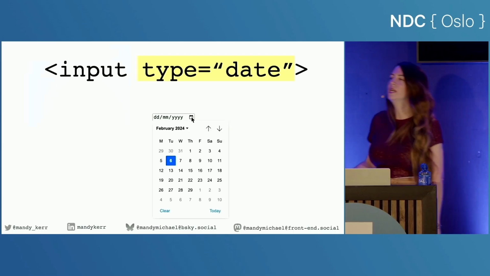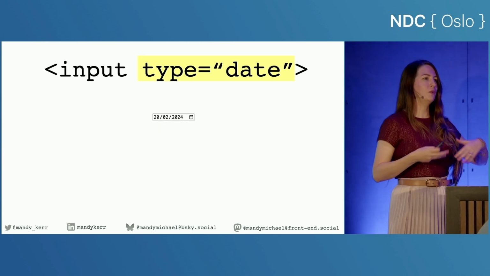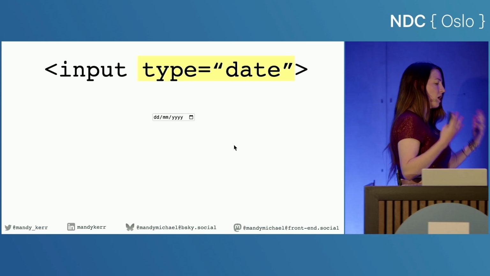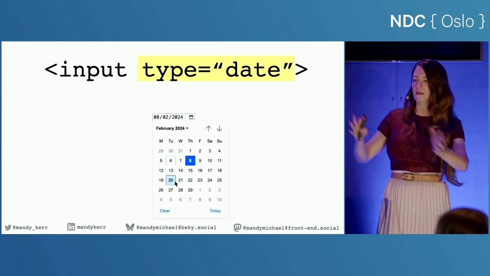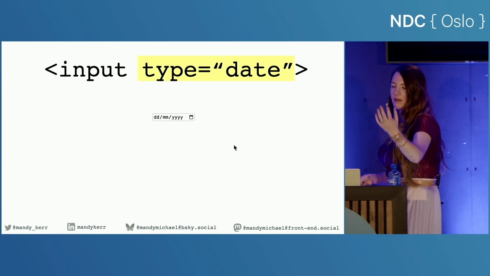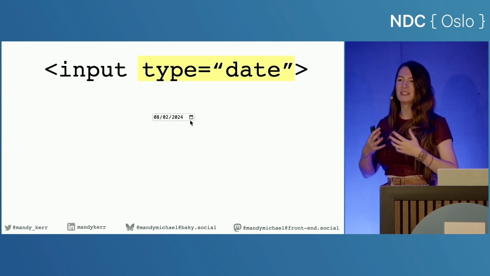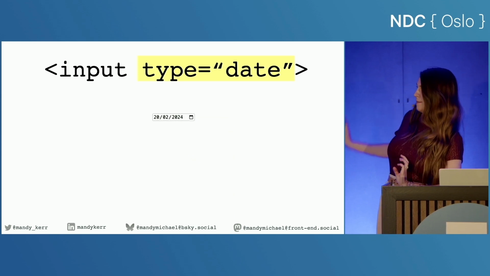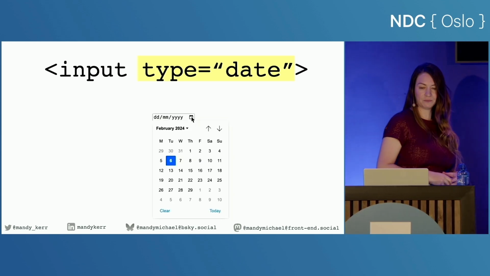Oh, dates, yeah. So with known dates like date of birth, just using a text input with some guidance on how you want the format to be is much easier than using something like a date picker. So while you should use the named element for what you want to build, you also want to make sure that it's not going to be a huge pain in the bum to find the information that you want with that feature.